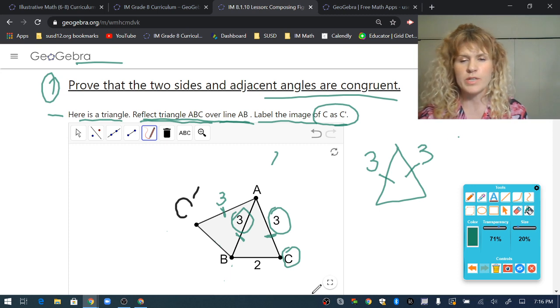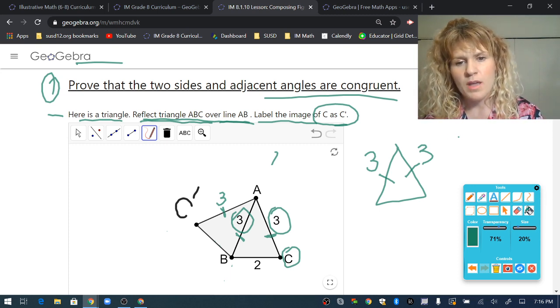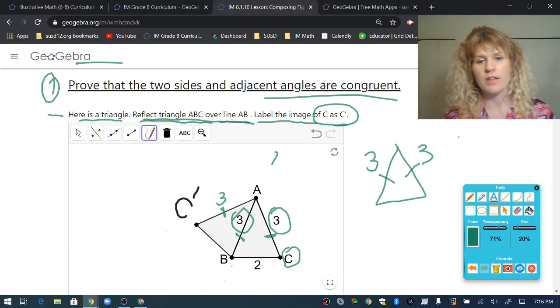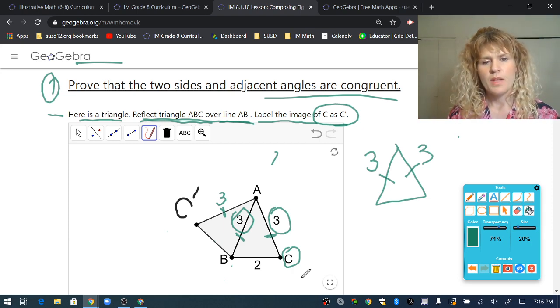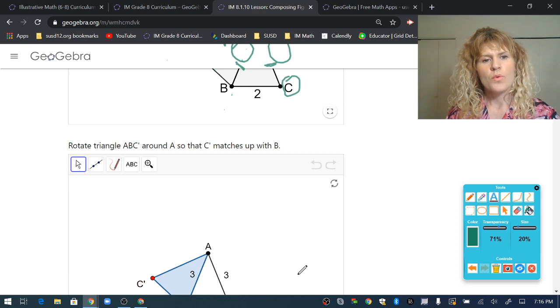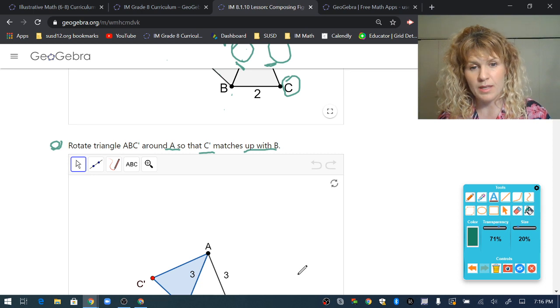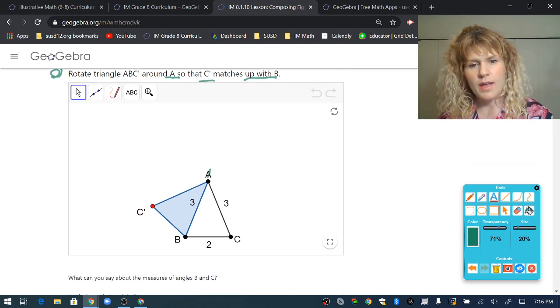We did a rigid transformation. The reflection does not change the length of the side. Okay, next. The instructions say, rotate triangle ABC prime around A so that C prime matches up with B. Here is triangle ABC prime.